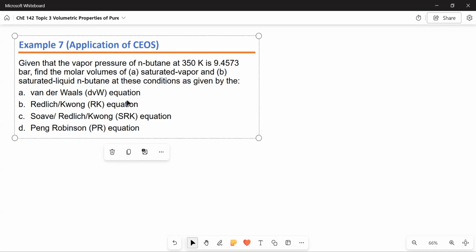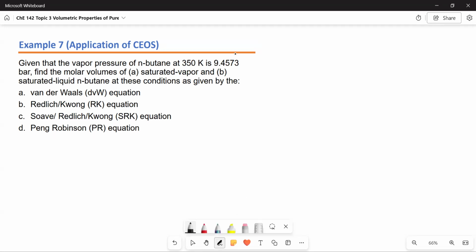So I will just demonstrate the first two. I will leave it up to you to solve the SRK and PR equations, but as shown in the handout, the final answers are already there. So let's demonstrate van der Waals and Redlich-Kwong.